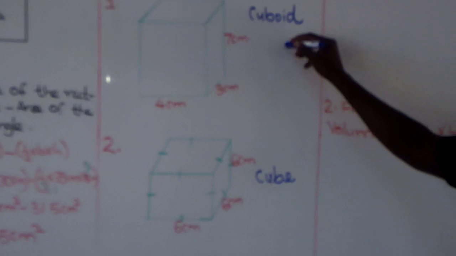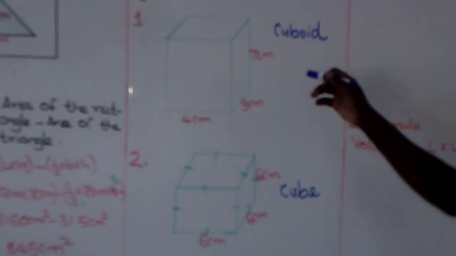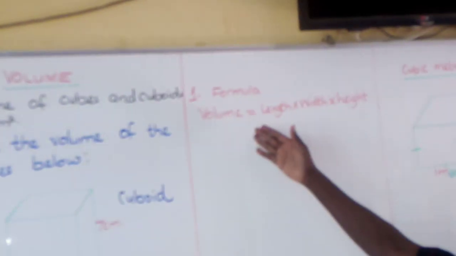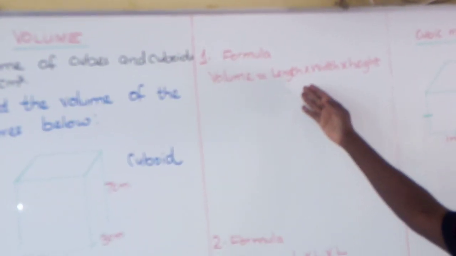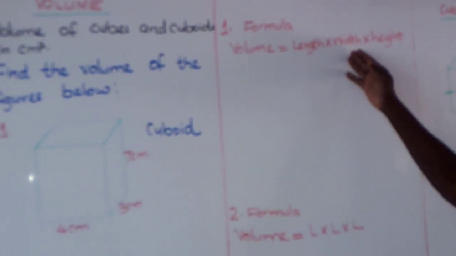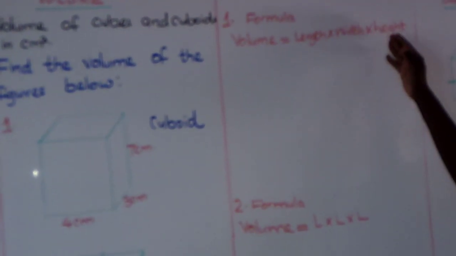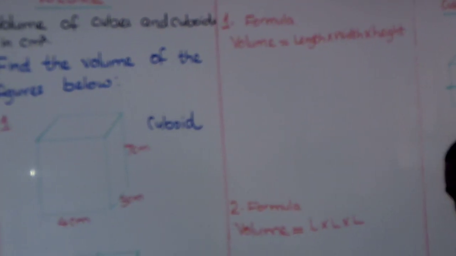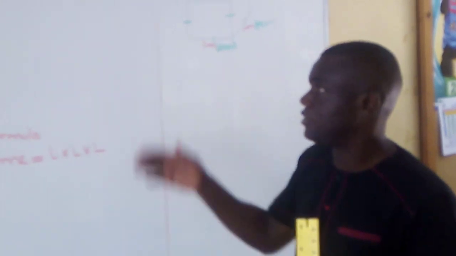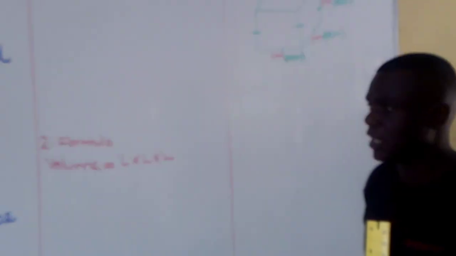But for a cuboid, the sides are not equal. They are unequal. So the formula for finding the volume of a cuboid is length multiplied by width multiplied by height, as you learned in class 5. No need to stress on it so much, but just a reminder.